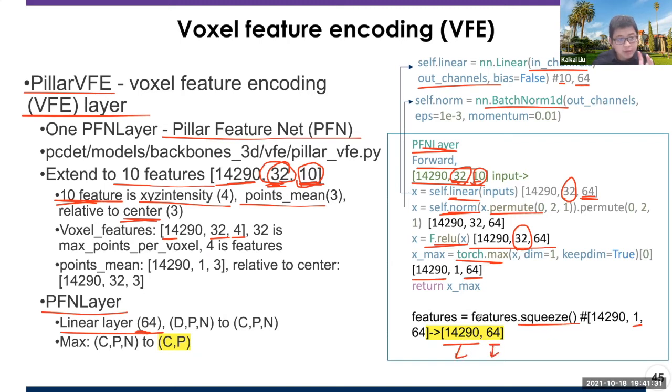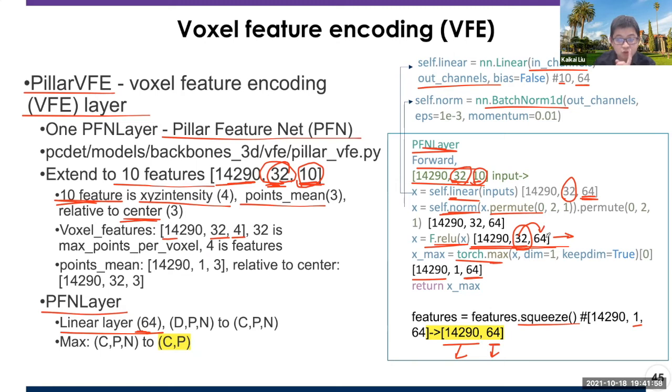Why this step? One student mentioned that this 32 is for 32 LiDAR points inside the pillar. But we need a feature representation for the whole pillar, not the individual LiDAR point. For example, every point has 64 channels.